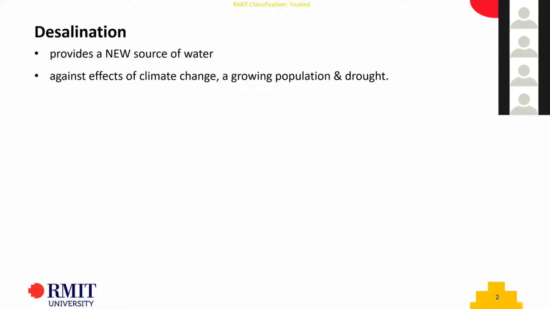We know desalination is a very attractive approach to address water scarcity because it provides a new source of water to meet the critical needs of human beings and also economic development. It is also a good way to counter the effects of climate change, growing populations and drought, because basically seawater is endless. We could use as much as we want at any time.